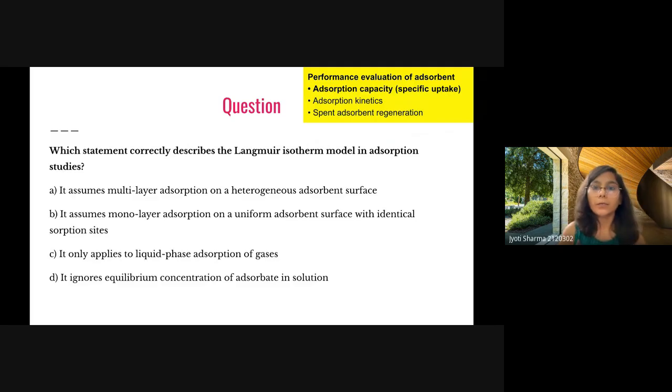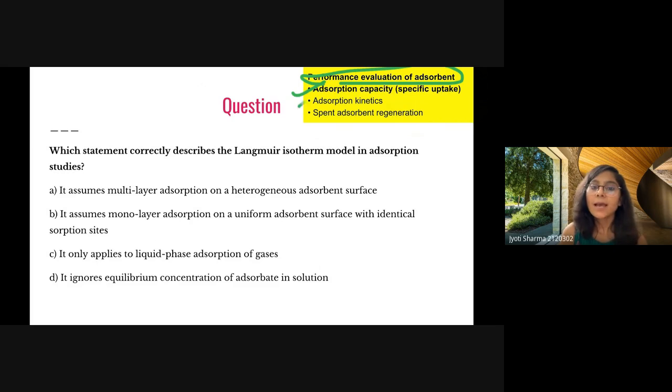Okay. Now the thing is that we need to check the performance evaluation of adsorbent, right? And how can we check the performance? We have three parameters or techniques by which we can see the performance of adsorbent. First, we need to calculate the adsorption capacity, and based on that adsorption capacity we may know the performance of that particular adsorbent.